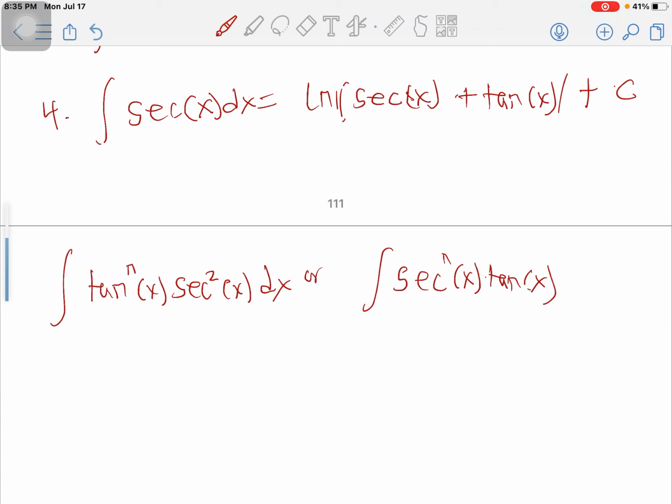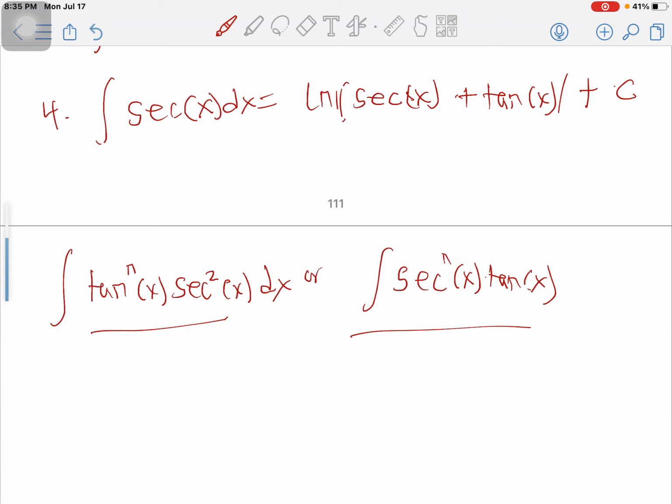As you can see, we can evaluate these new integrals using U substitution. So whenever you get such integrals, the focus is to reduce them to either of these forms so that you can use U substitution to evaluate them.